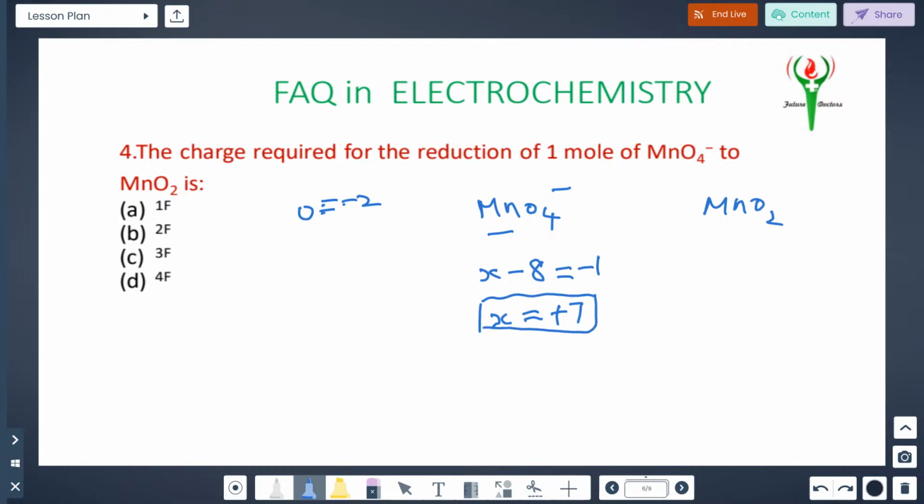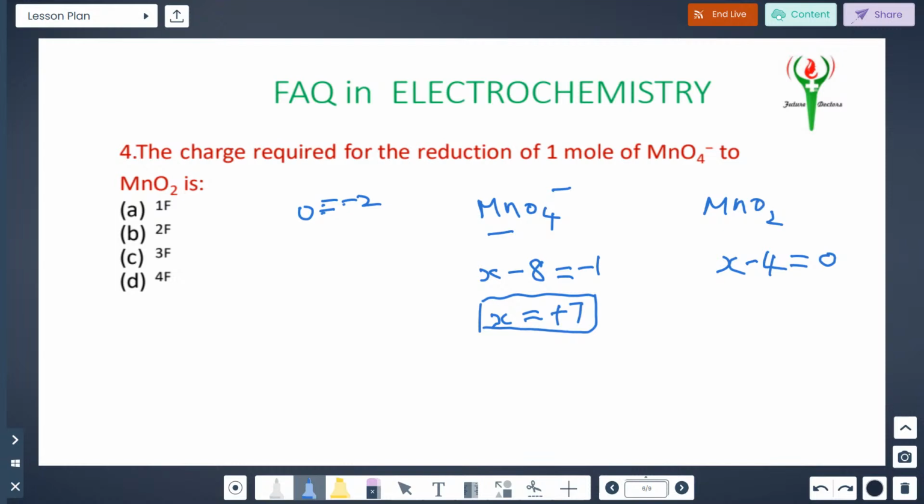Then it becomes MnO2. Here also find out the manganese value. Manganese you consider x. I told you one oxygen is minus 2. Here how many oxygens are present? There are 2 oxygens. So 2 into minus 2 is minus 4, which is equal to 0. Understood? Earlier the charge was there, so I put right hand side minus 1.